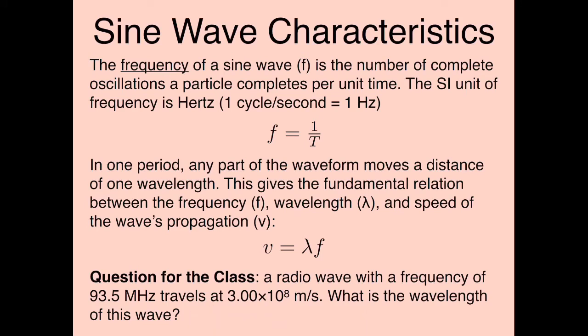So by the way, this is a radio station broadcasting out of Los Angeles. I think it's called K-Day. That's the frequency of the wave. So from that and the fact that you know the speed, try to figure out the wavelength of this radio wave. So pause the video, see if you can work this out, and we'll go through it together after you have your answer.